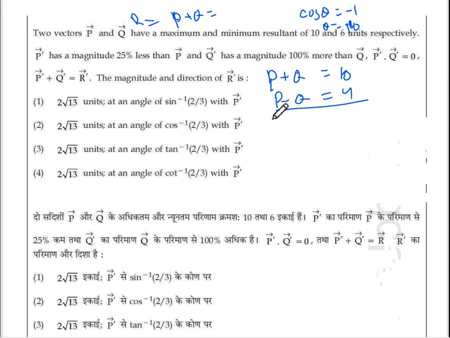If I solve it, 2P becomes 14, so P becomes 7 and Q becomes 3. So now I got P and Q.